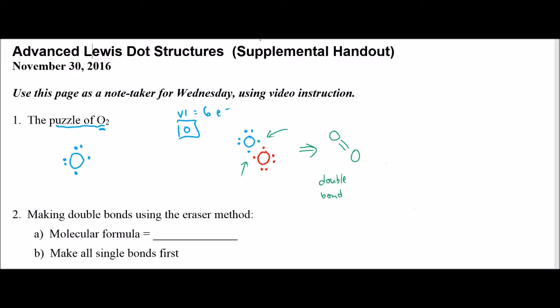Some people don't like the diagonal. So if you don't like the diagonal, or don't see it clearly, or can't draw it clearly, then the alternative is to do this. The original 6 dots for the oxygen, the red oxygen, 6 dots like so.